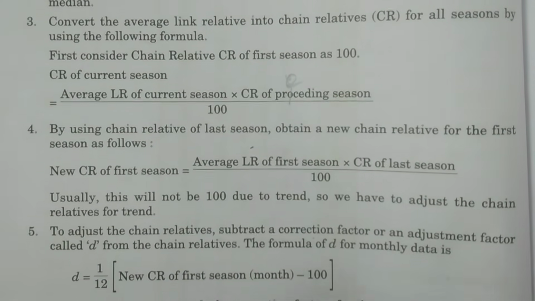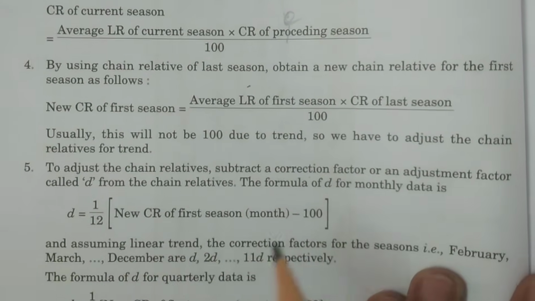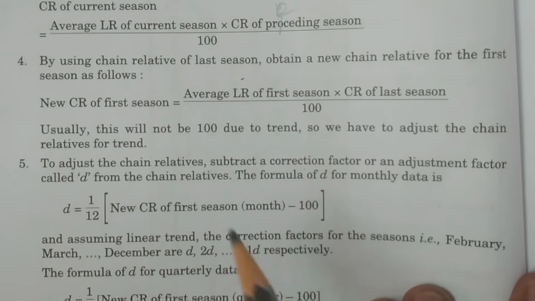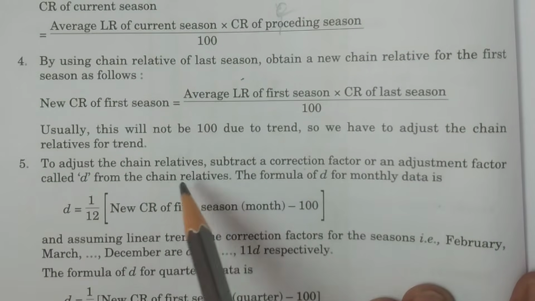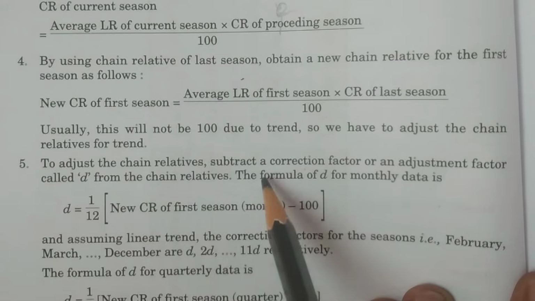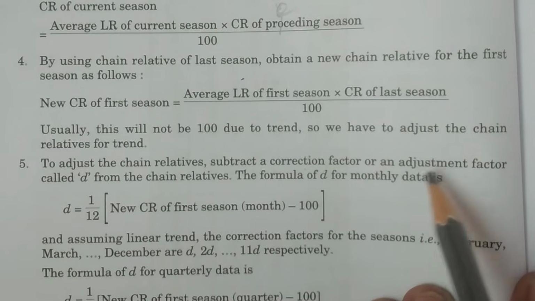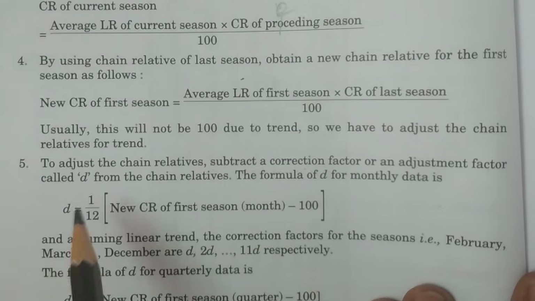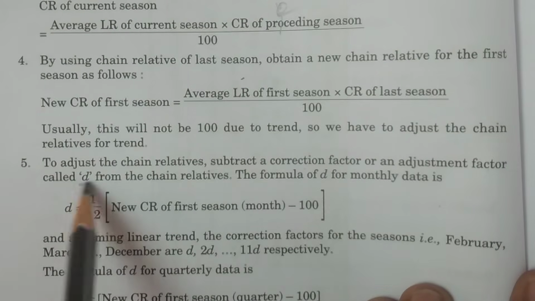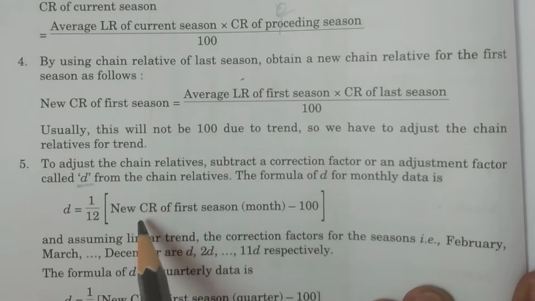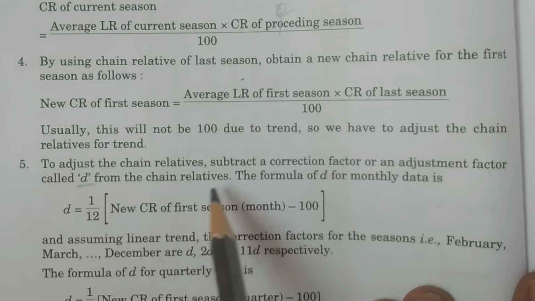Then we have to adjust the chain relatives. To adjust them, subtract a correction factor, also called the adjustment factor, D, from the chain relatives.